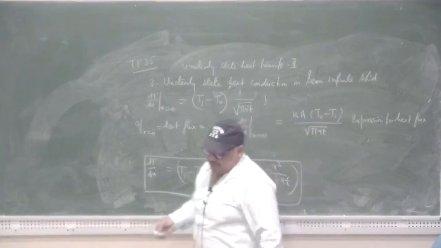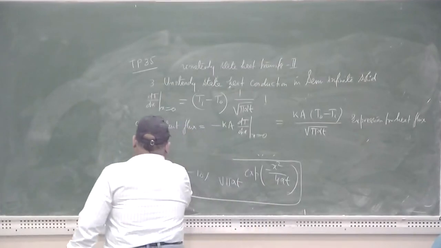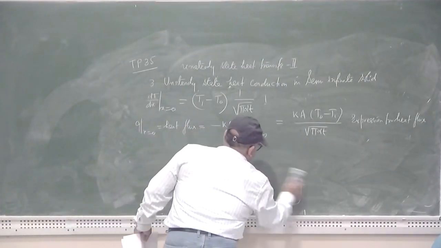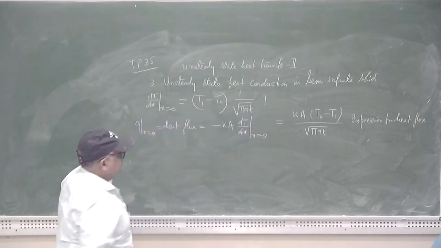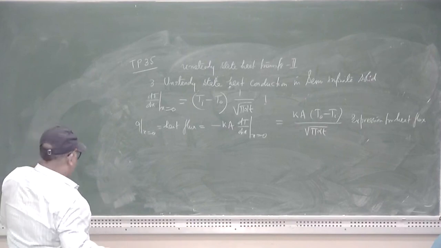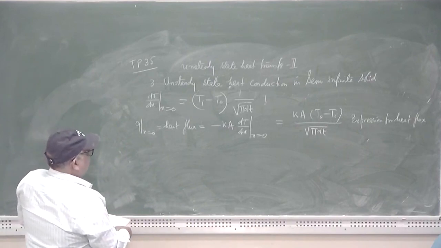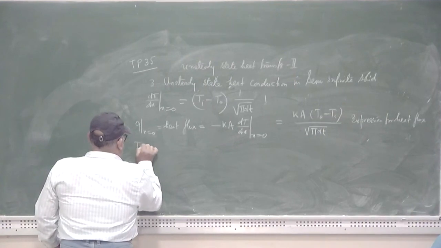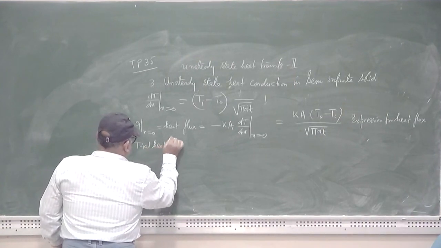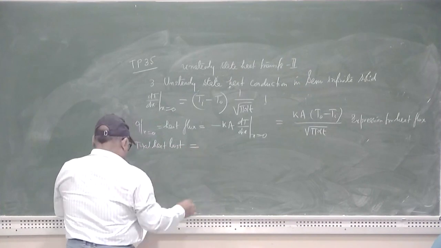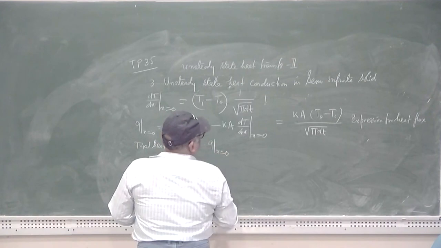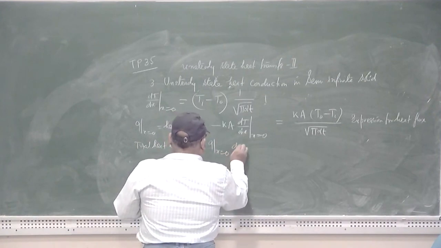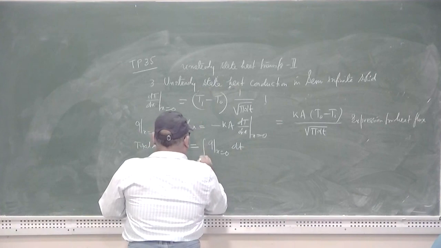At the beginning of the class, I derived the expression for the heat flux and the quantity of heat loss during a particular time interval if the lumped heat capacity analysis is being used. Now in the case of a semi-infinite solid, the total heat lost can be quantified as q at x equal to 0 into dt from time 0 to t.